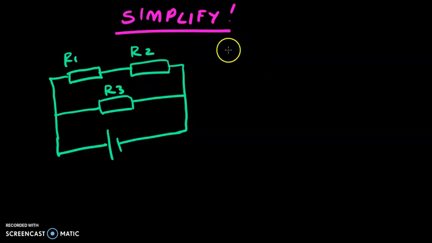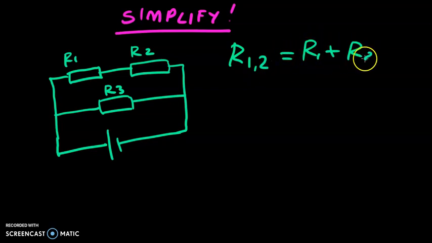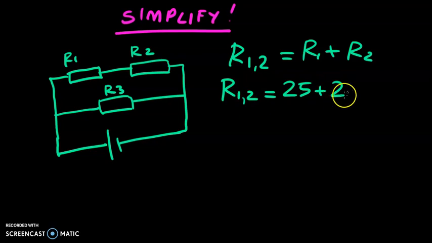So what we can say is R1,2, the resistance of resistor 1 and resistor 2 combined, is equal to R1 plus R2. So let's put those values in. R1,2 is equal to 25 plus 25. R1,2 is equal to 50 ohms.